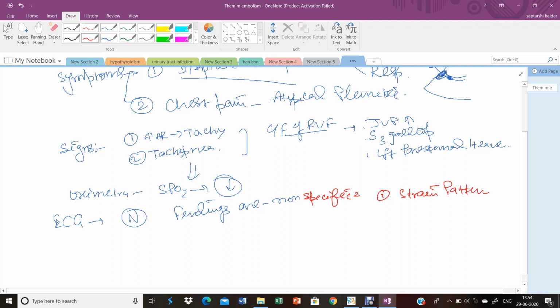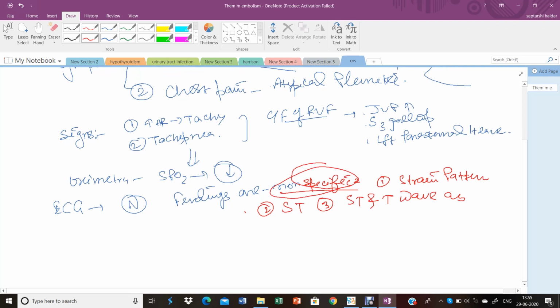Other findings are sinus tachycardia and ST and T wave abnormality. These are all non-specific signs.